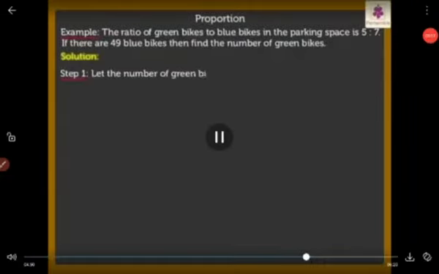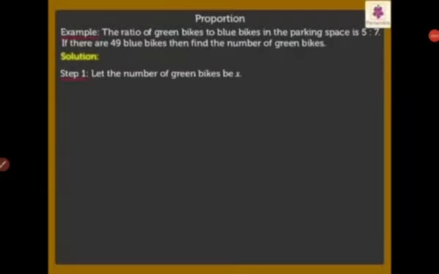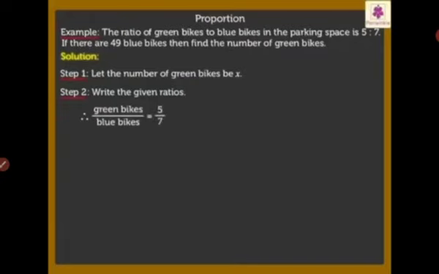Let the number of green bikes be x. Step 2. Write the given ratios. Therefore, green bikes upon blue bikes is equal to 5 upon 7, which is equal to x upon 49.